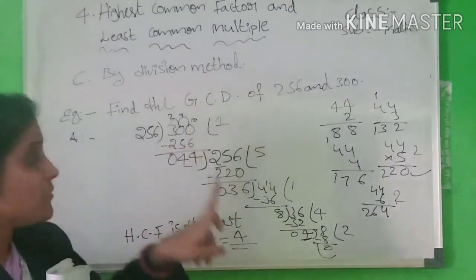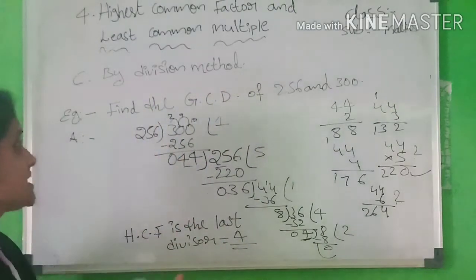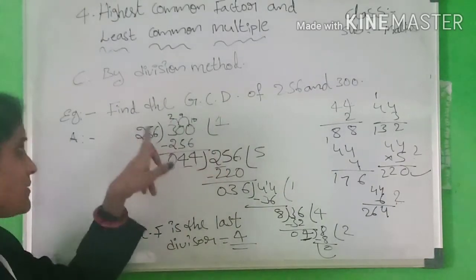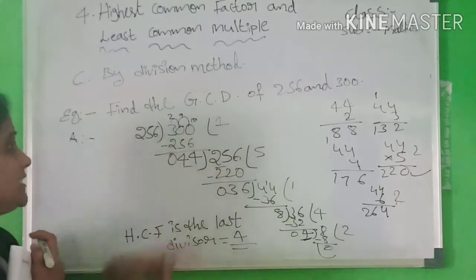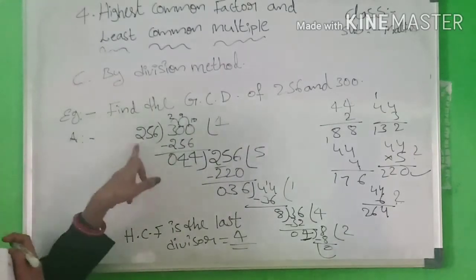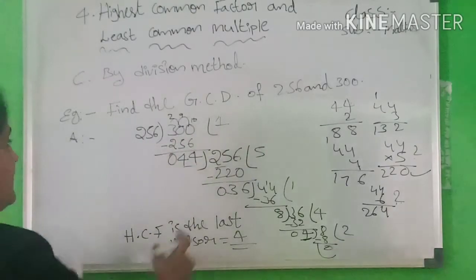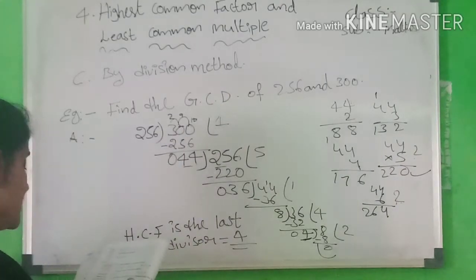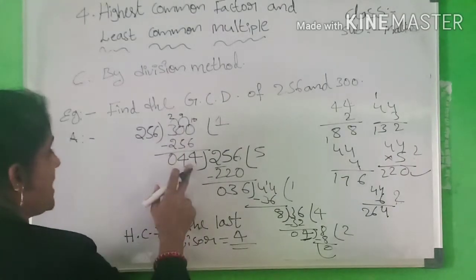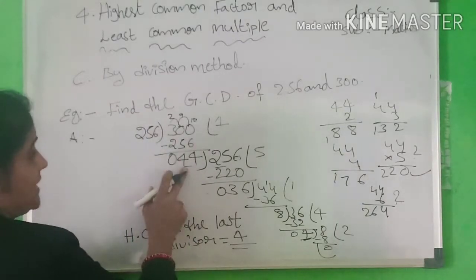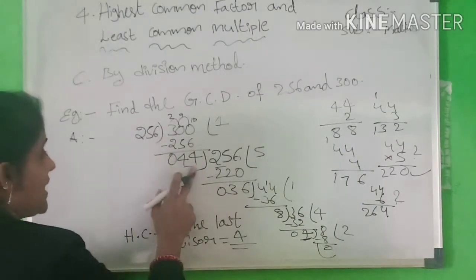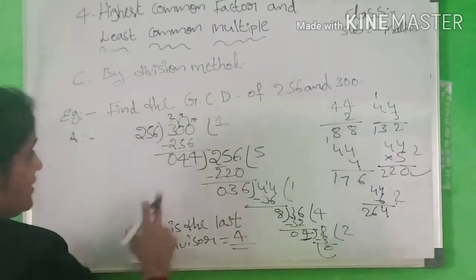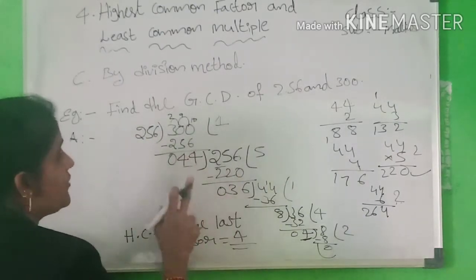Okay, children. I will teach one more time. First, you have to divide the bigger number by the smaller. Divide 300 by 256, and we get remainder 44. Now divide 256 by 44, and we get 36.